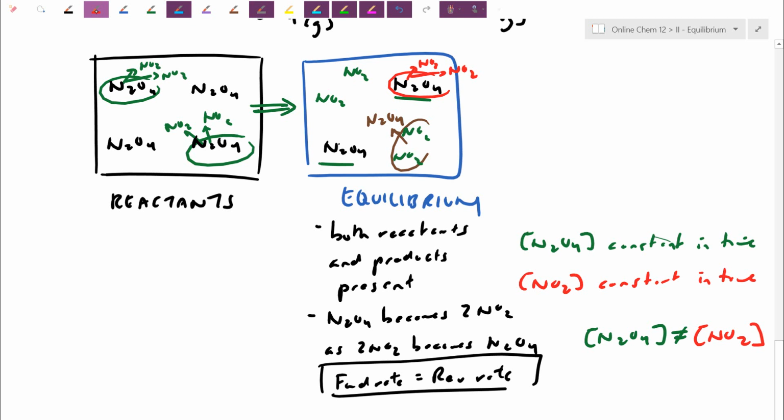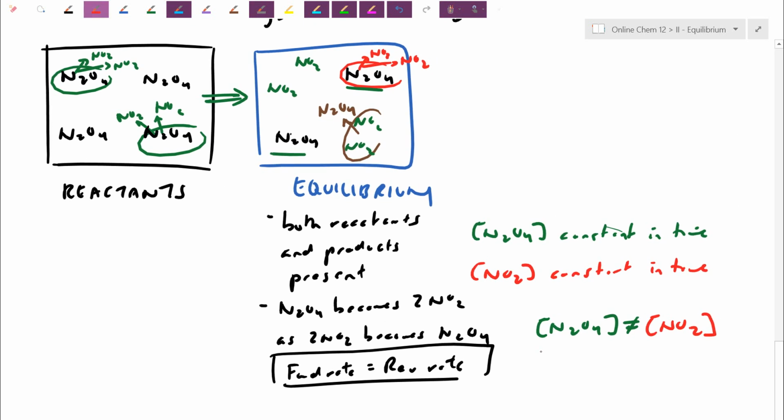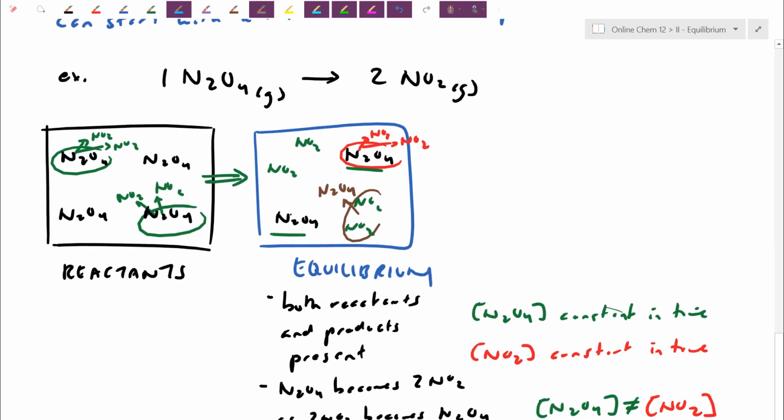In this case here, just for comparison, I actually had, let's say, 4 molecules of N2O4, 4 molecules of NO2, whereas I only had 2 molecules of N2O4. And I chose this example here because this one actually gives us a colorful product. I believe the N2O4 is a brown colored gas. So essentially what's going to happen is we start off with a really deep brown solution because I have a lot of N2O4.